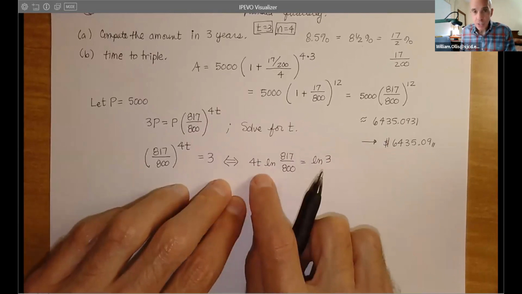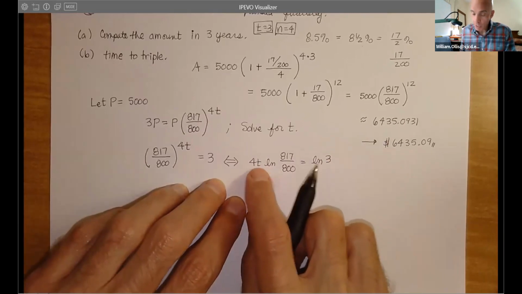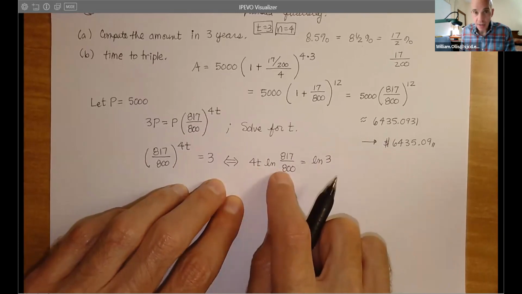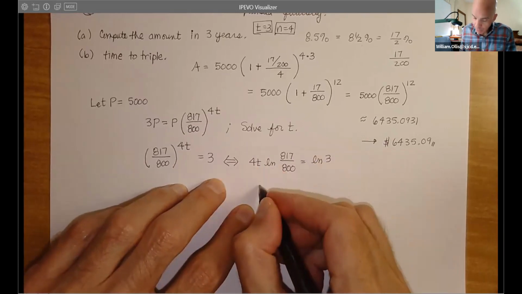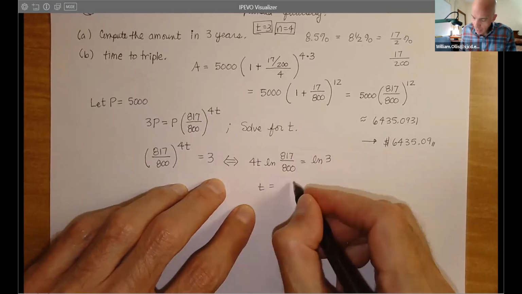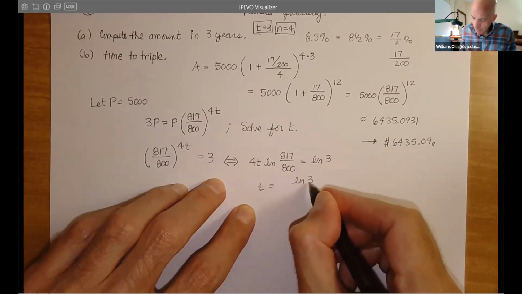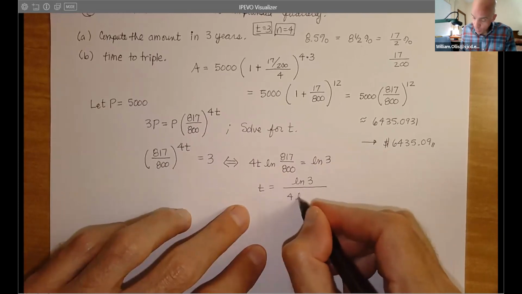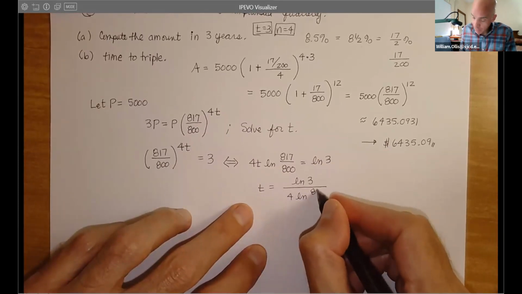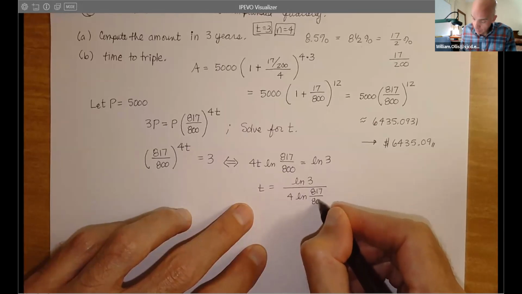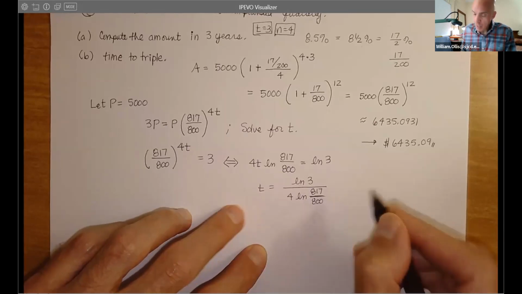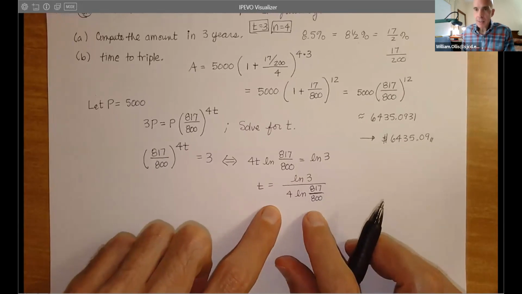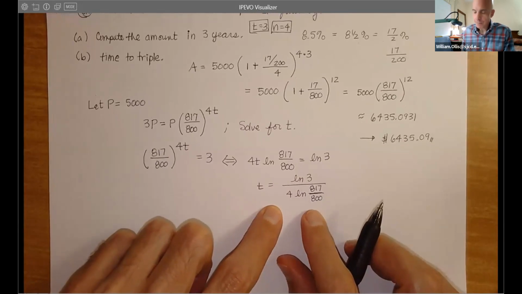And now we can solve for t because we just have t multiplied by the number 4 and that number right there. So we have t equals ln of 3 divided by 4 times the natural log of 817 divided by 800. So there's an exact time for the tripling.